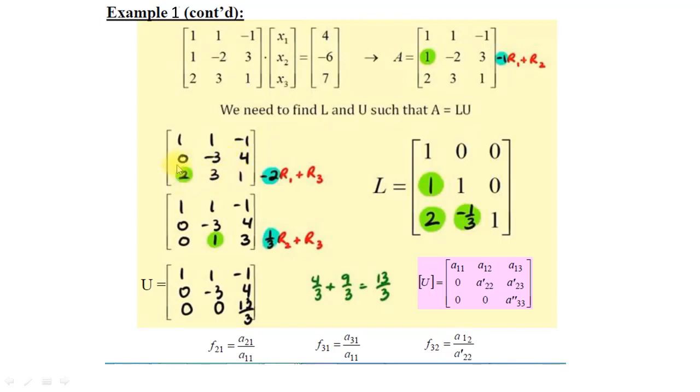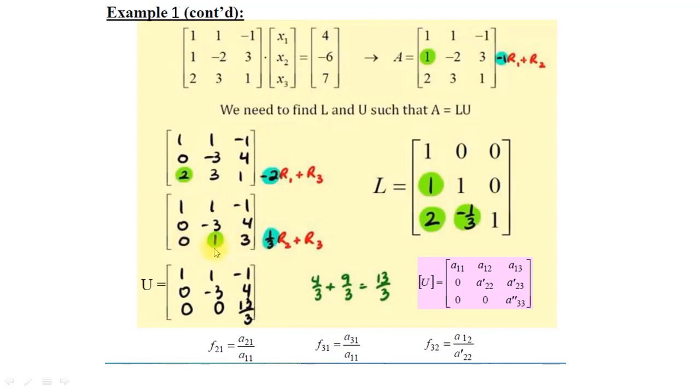Now to make this number 0, multiplying the first row by 2 and then subtracting the result from R3, we obtain the new equivalent matrix: 1, 1, minus 1; 0, minus 3, 4; and 0, 1, 3.